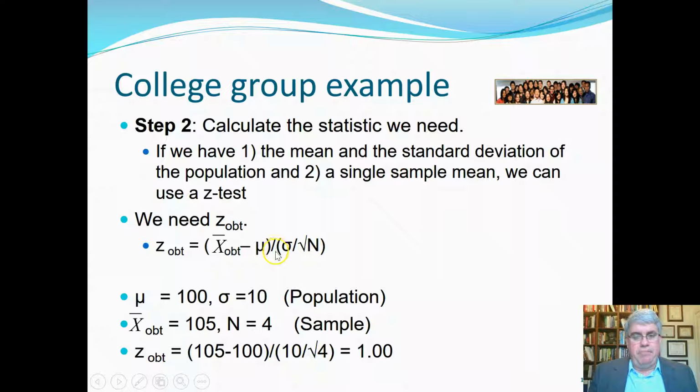And we're going to divide that by the standard error: the standard deviation of the attendance on the Sundays, which was 10, divided by the square root of the sample size, which is 4, because we had 4 Sundays. Now we put that all together, and we get a Z of 1.0. Ooh, it doesn't sound very big.